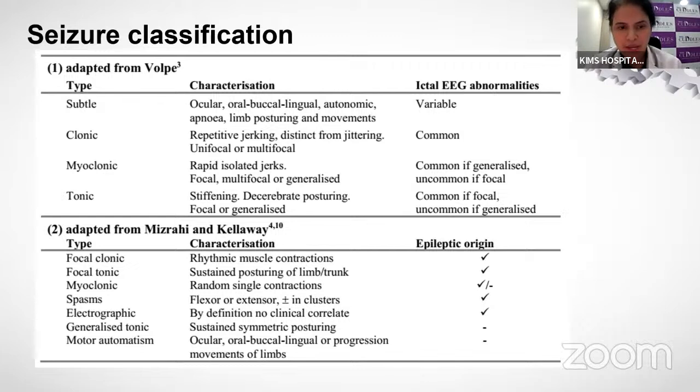Myoclonic jerks, on the other hand, are characterized by rapid and isolated jerks, typically involving flexion movement, and the rapidity of the movement would be almost like a lightning kind of jerk, usually involving a whole portion of the limb.